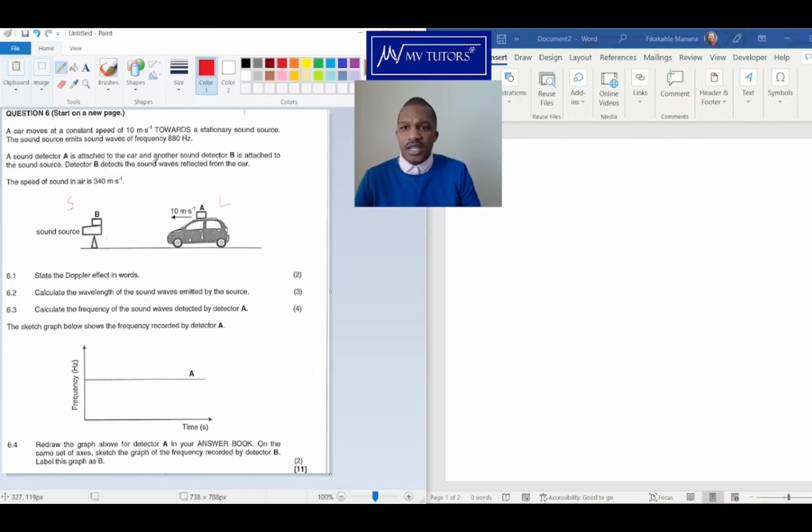Detector B detects the sound waves reflected from the car. The speed of sound in air is 340. Okay, that's a standard one. Question 6.1 states the Doppler effect in words. Okay, let's do that. That's 6.1.